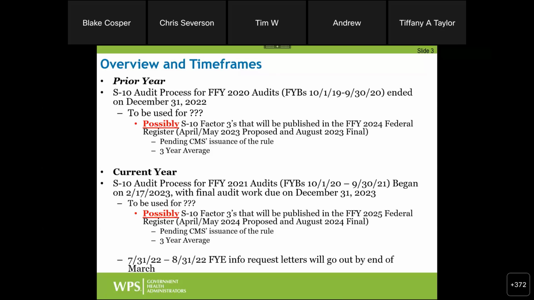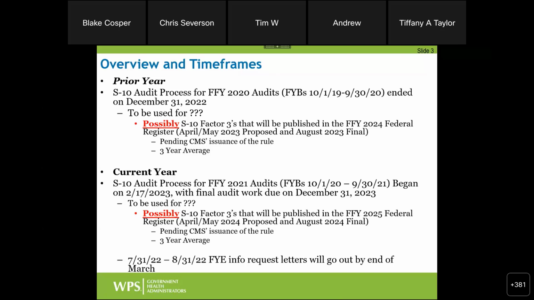They're using, for this current year, a 2-year average, 18 and 19. We expect that they're going to use 18, 19, and 20 fiscal years for the calculation of this next upcoming factor 3. But again, that's subject to the proposed and then eventually the final rule. That's what we expect might happen.